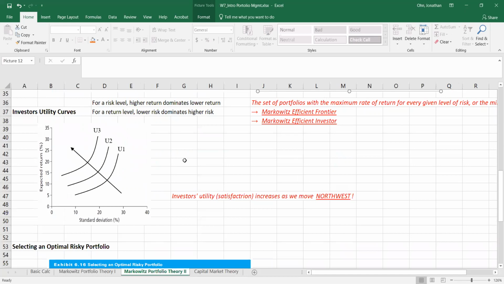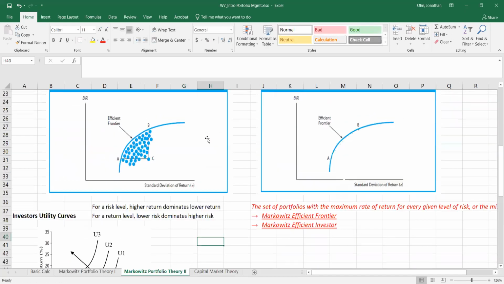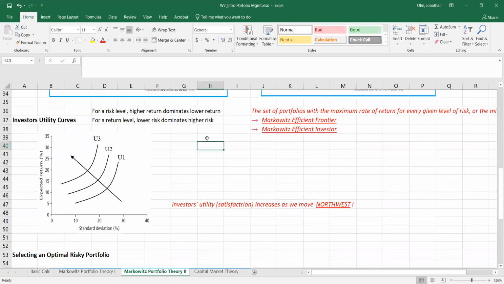Second, now when we come up with the Markowitz efficient frontier, we have to incorporate the next idea, the investors' utility curves. I think you learned this in economics class, right?